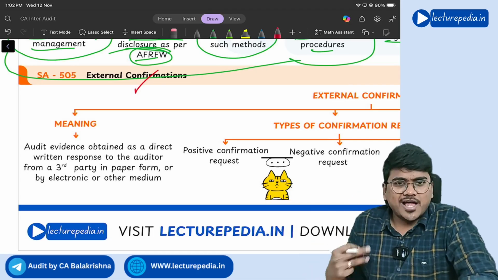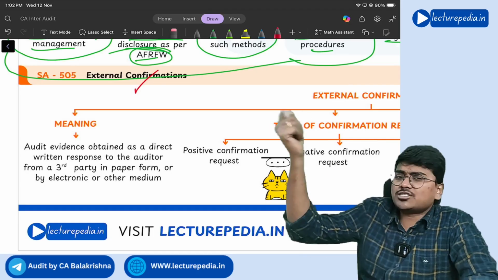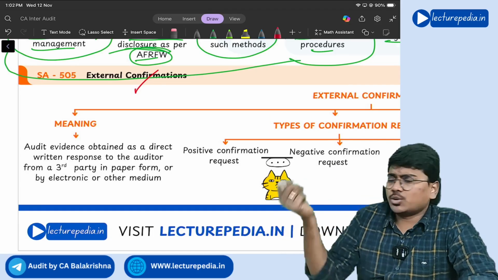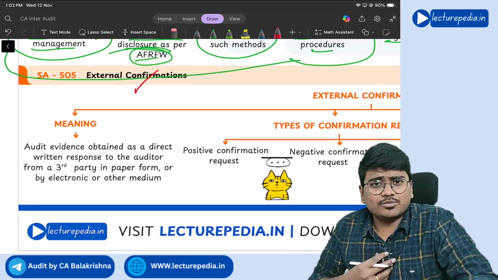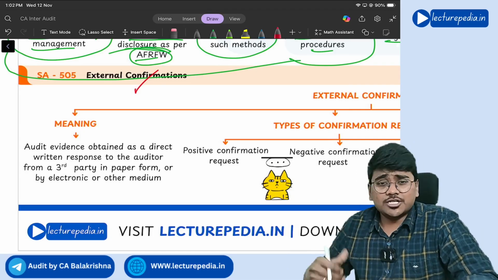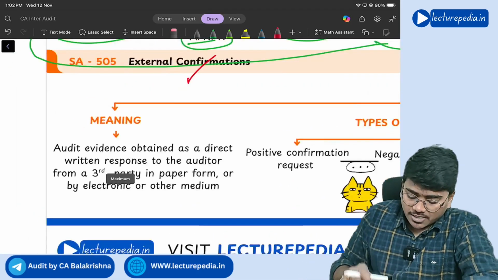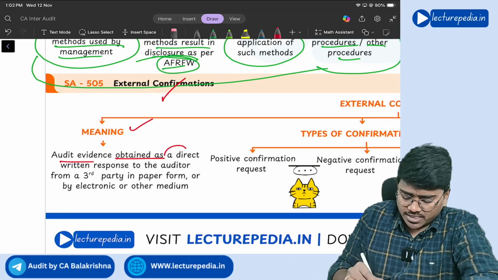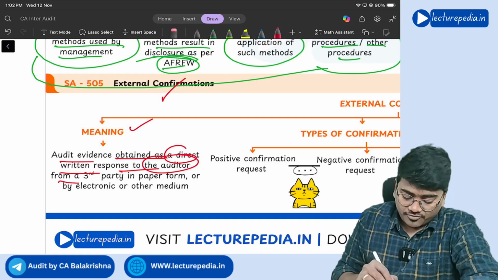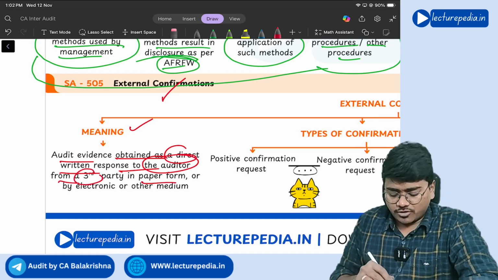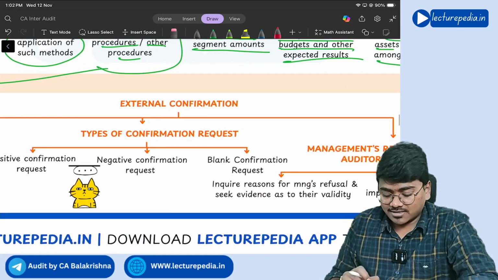With respect to bank balances, you will send a request to that particular third party to confirm whether the amount is correct or not. So this is external confirmation which can be used as an audit procedure. See, the meaning is audit evidence obtained as a direct written response to the auditor from a third party in paper form or by electronic or other media.